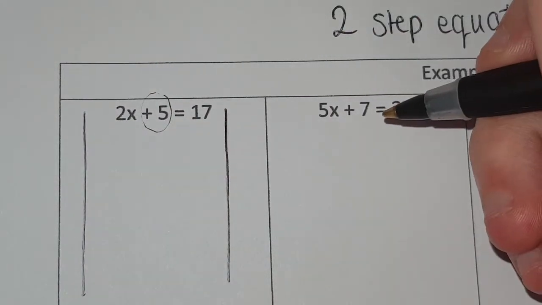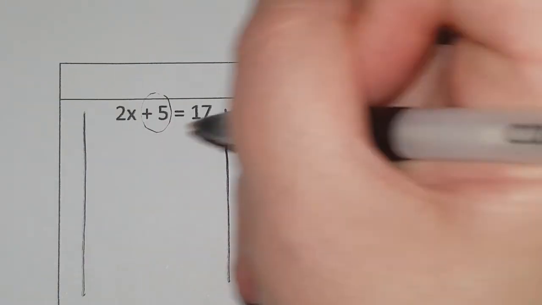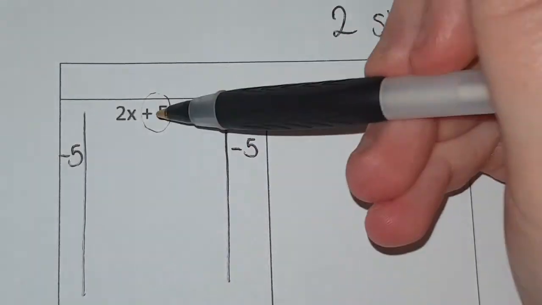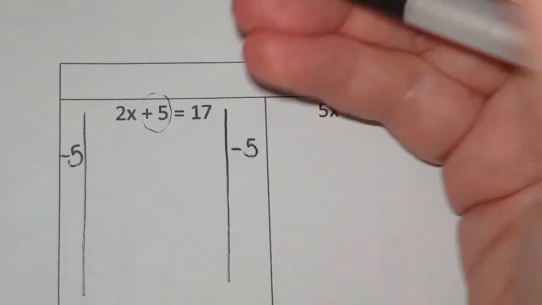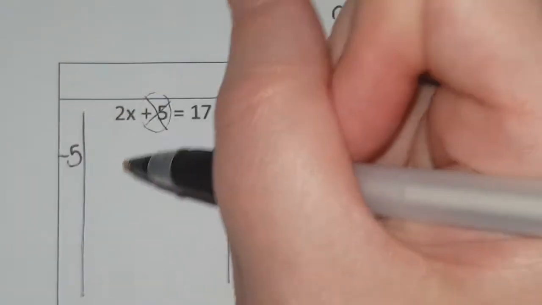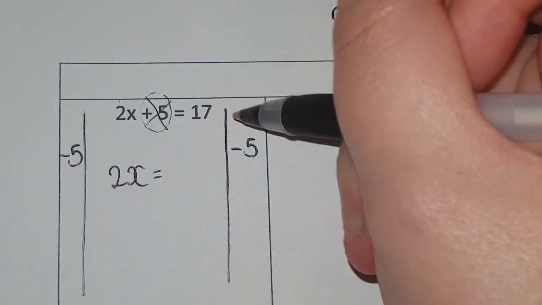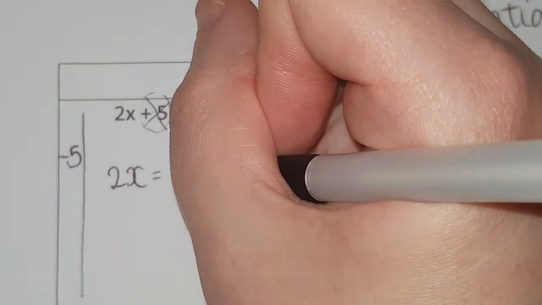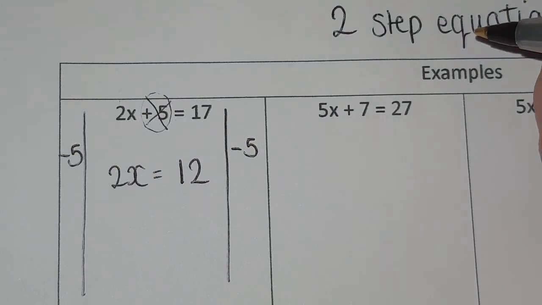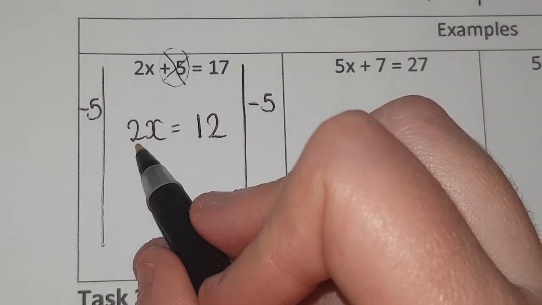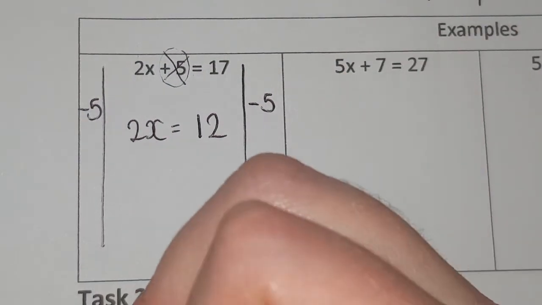So the opposite of adding 5 is to subtract 5. Now if I subtract 5 from this side of the equal sign, it's just going to get rid of that 5 and leave the 2x on its own. On this side, 17 take away 5 leaves me with 12. Okay, and then I'm back to one of the multiply questions like we were doing on the last page.